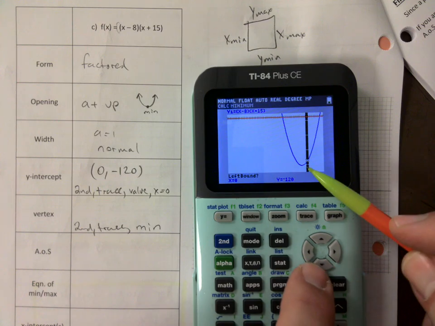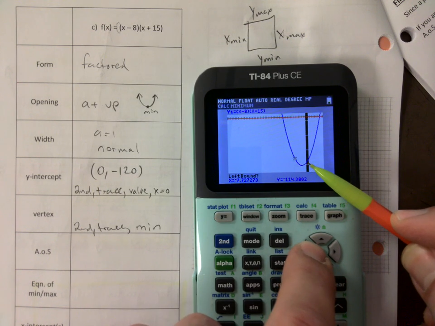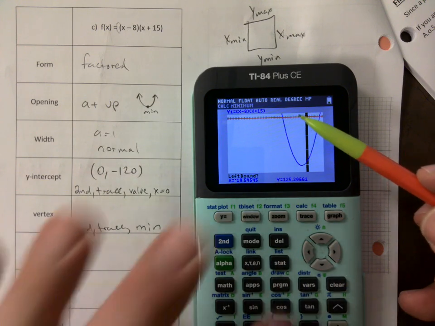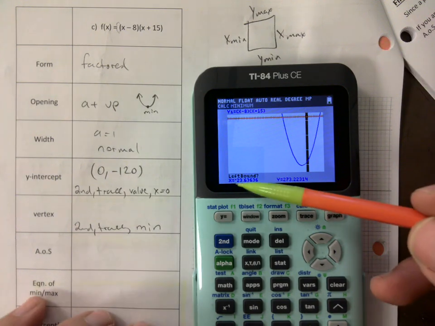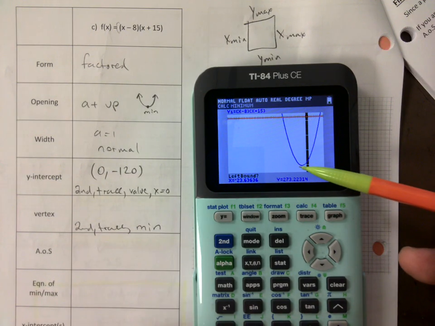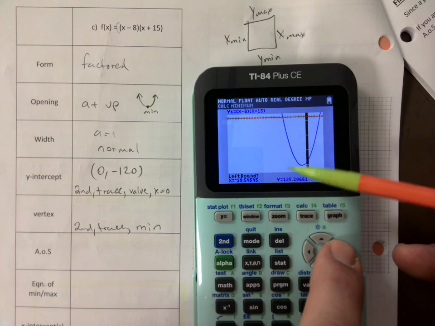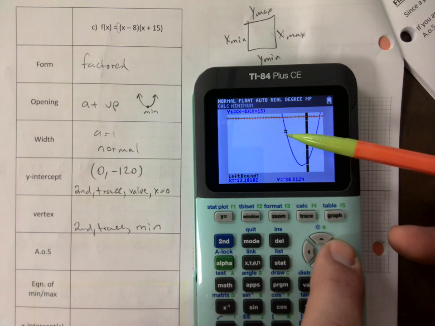This is my vertex. I need to pick a point to the left. Sometimes, watch carefully, this can easily happen to you. The cursor won't be on the screen. I went off screen right now. You don't know where it is. Just look at the coordinates here. As you move left or right, I'm seeing, if I go right, I'm seeing this number coming down. So that means that it's going to appear there. There we go, it's there.